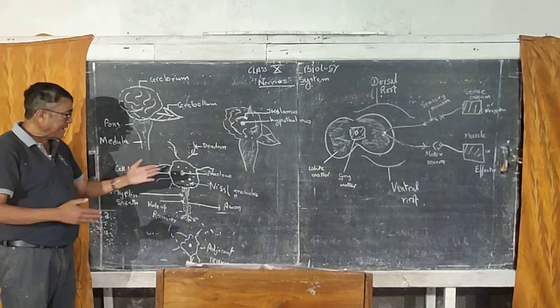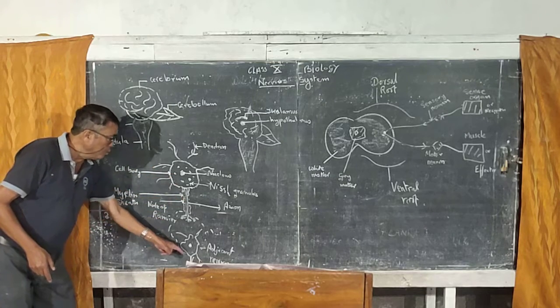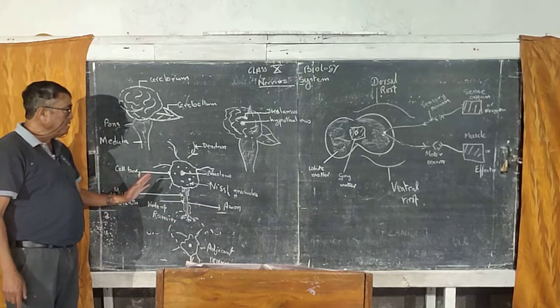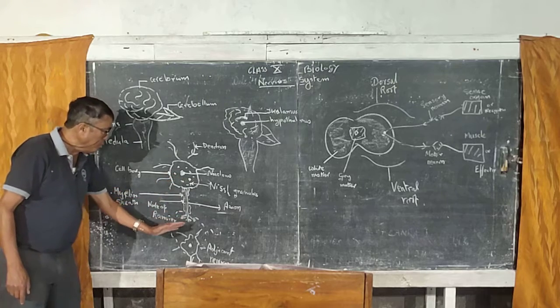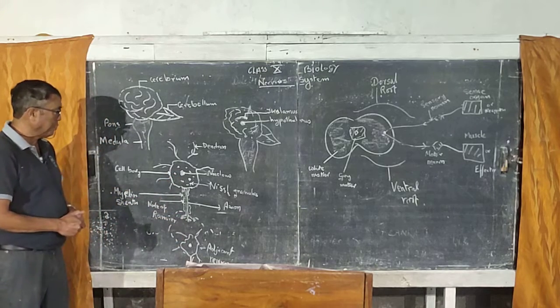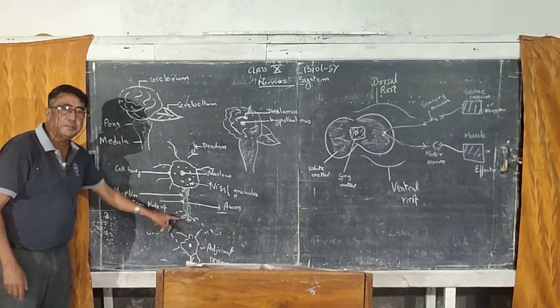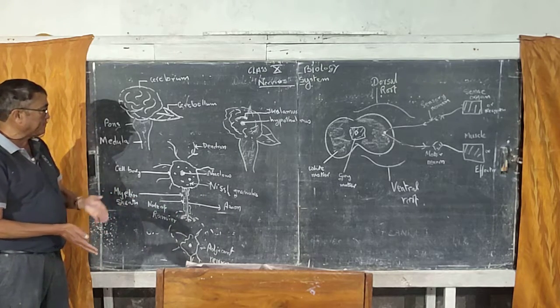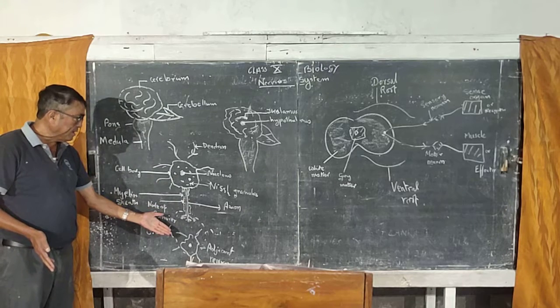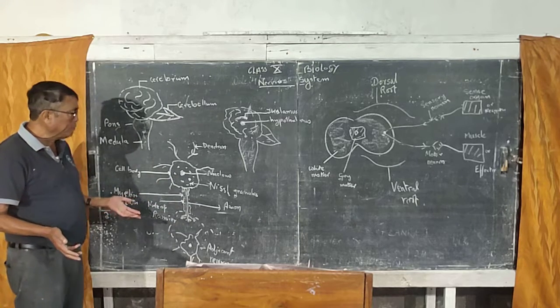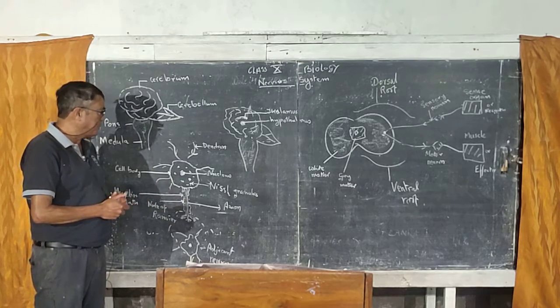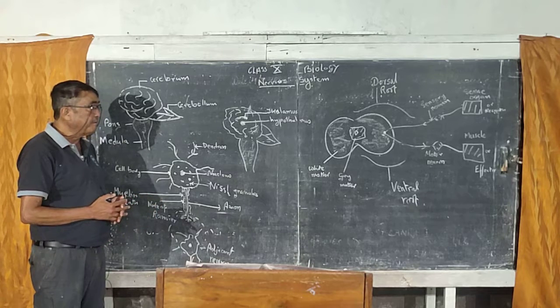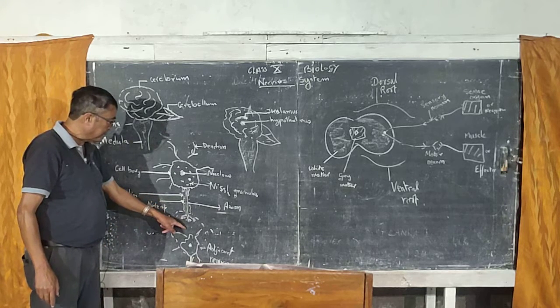Now, synapse is the space between two neurons where impulse is passed from one neuron to another neuron. There's no continuity between the two neurons. So how does the impulse pass from one neuron to another? And this, as I told you, travels at a very high speed of about 150 meters per second.